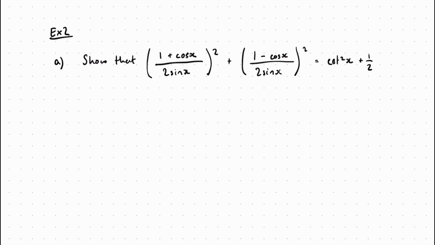So for part A, we're going to just show that (1 plus cos x over 2 sin x) squared plus (1 minus cos x over 2 sin x) squared is equivalent to cot squared x plus a half. So this is just using trig identities.